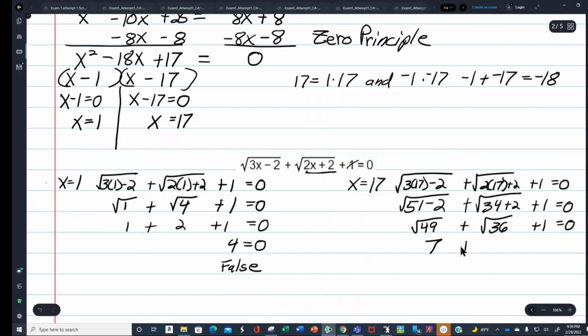So 7 plus 6 plus 1, sure it equals 0. This is what? 13 plus 1 is 14. 14 equals 0. No.